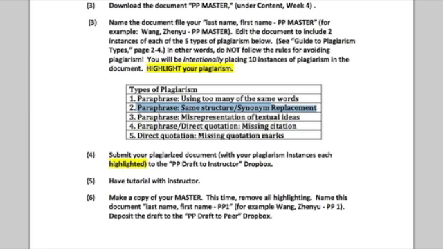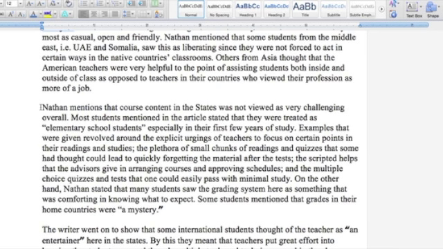Number 3 is pretty easy. Number 3 is misrepresentation of textual ideas. What that means, let's go back to our document, is, for example, and I'm going to say something really simple here, but you could do this anywhere. You're changing the meaning of what the author actually said.